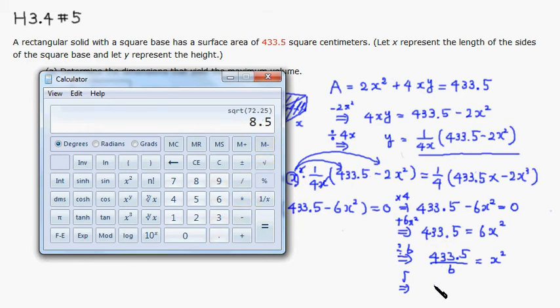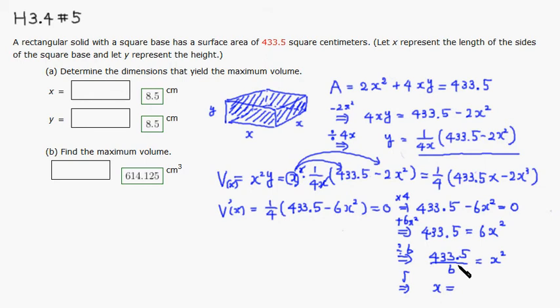So x is plus or minus 8.5. But since x is the length of one of the sides of the base, we don't consider the negative one, so it's positive. 8.5 is the critical number.